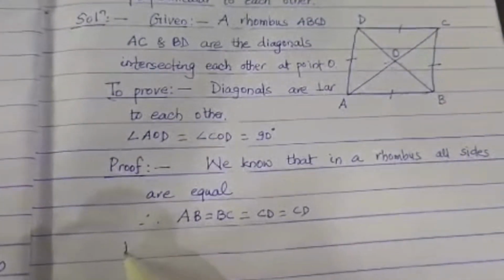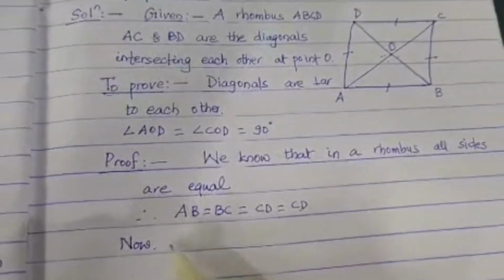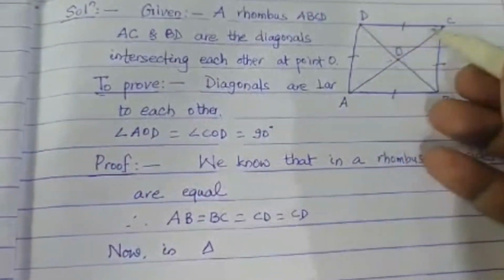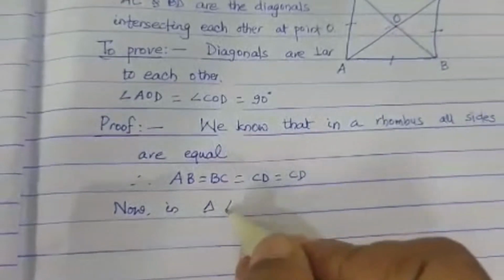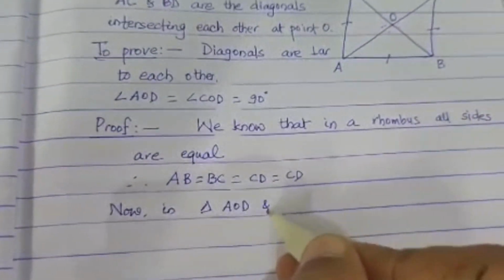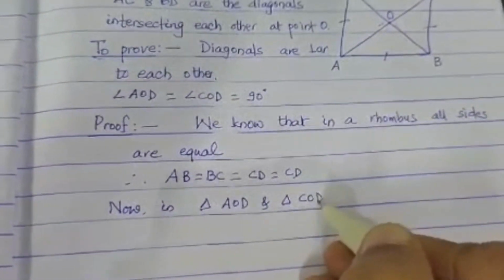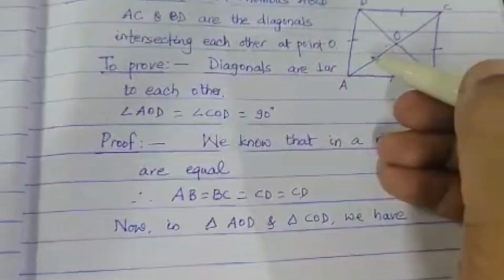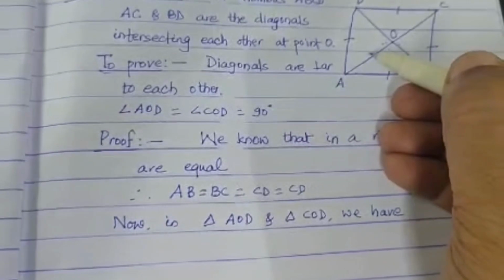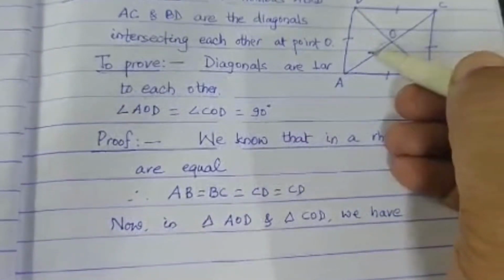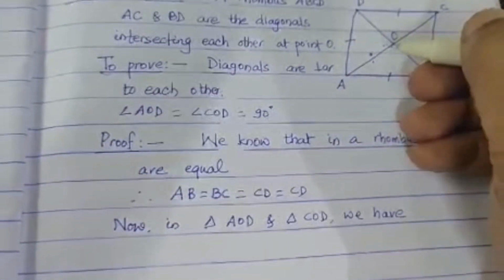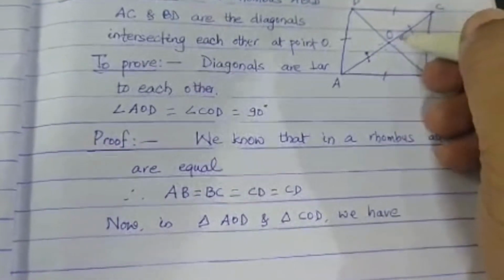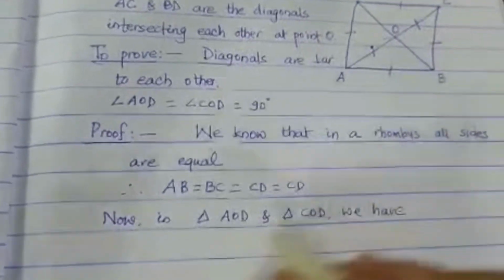Okay. Now in triangle AOD and triangle COD, we also know that AO is equal to CO. This is also the property of a rhombus.